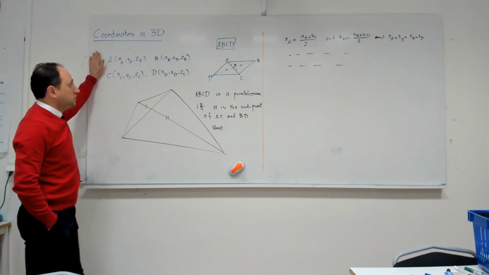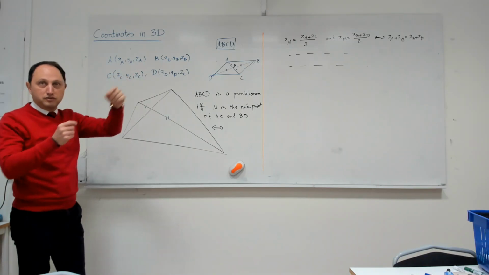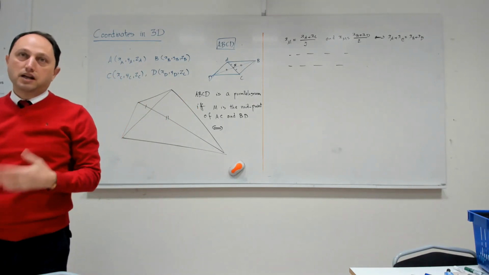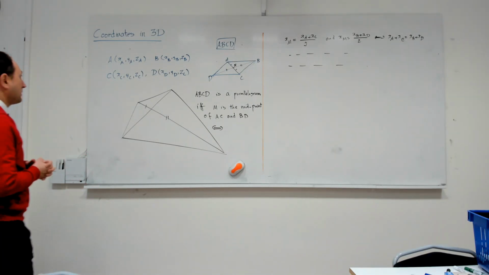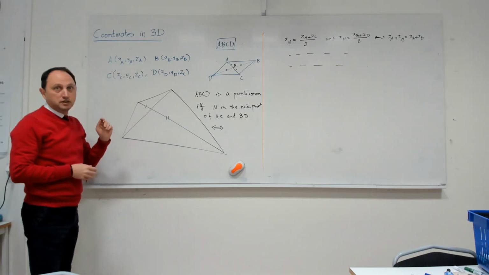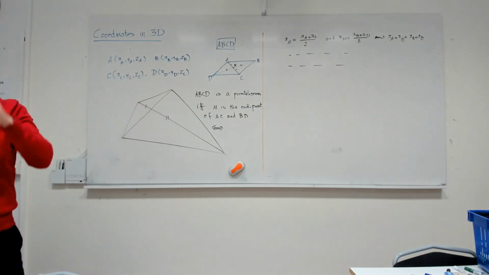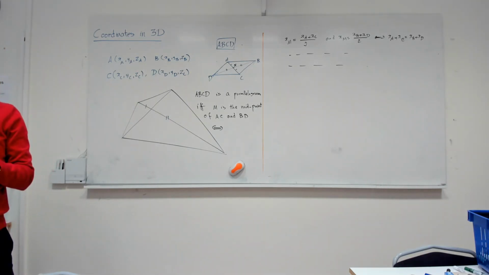Analytically means that instead of considering a vector as a geometrical object like an arrow, we want to consider it as numbers.